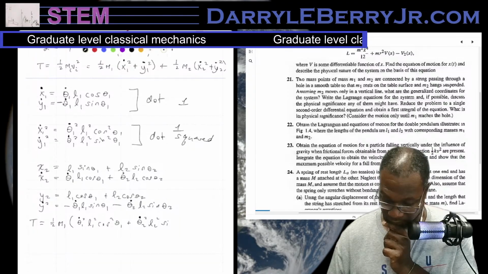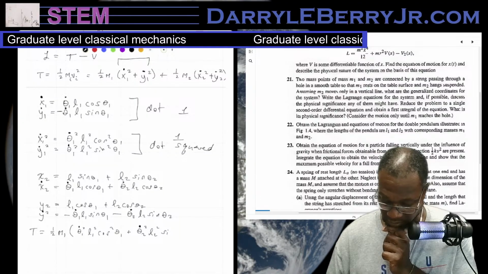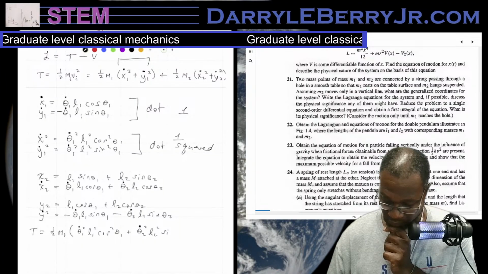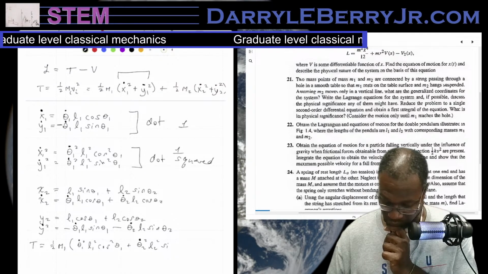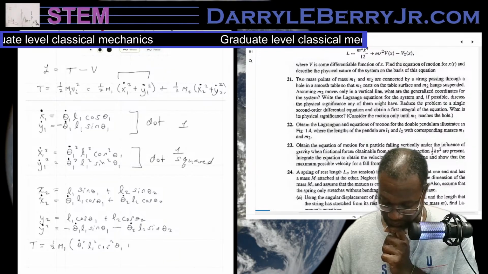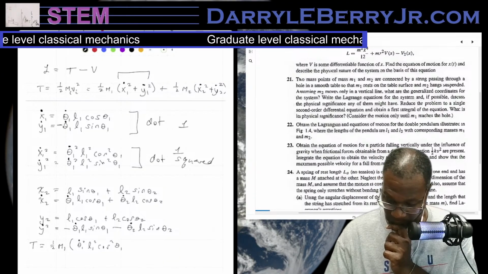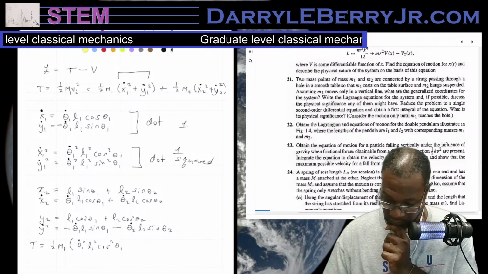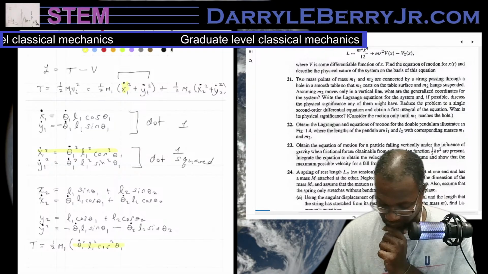So we have x1 dot squared, theta 1 L squared, theta 1, then y1. Let me follow exactly how I have it written up there. So theta 1 squared. So this is this, which is what we have here.